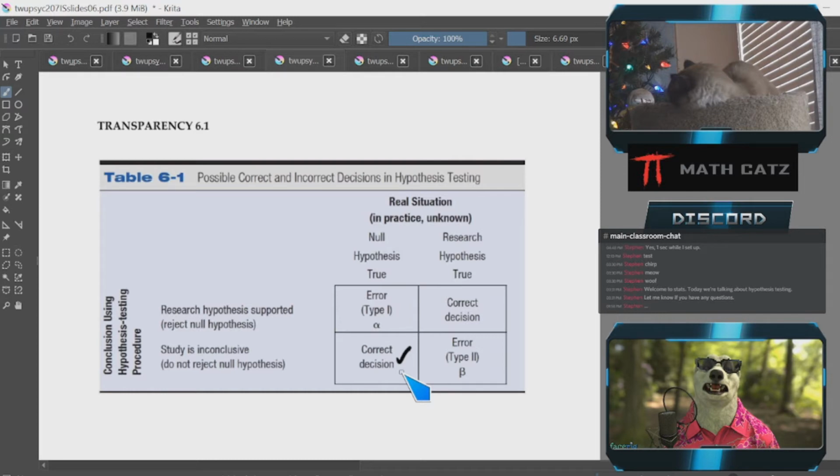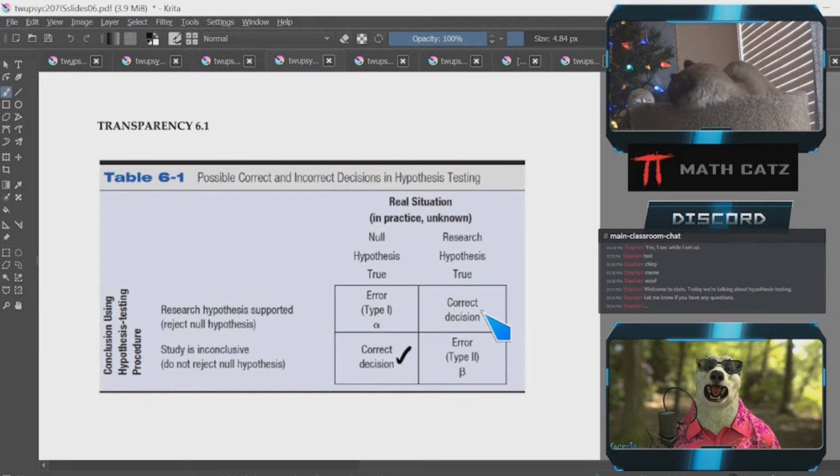If the research hypothesis is actually true, meaning the null hypothesis is not true, we should reject it. And then getting an extreme enough sample, making the conclusion to reject the null hypothesis is the correct decision. However, the research hypothesis is true, the null hypothesis may in fact be false.